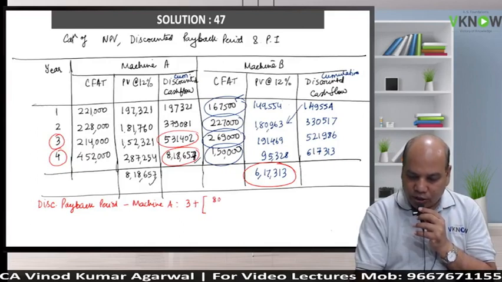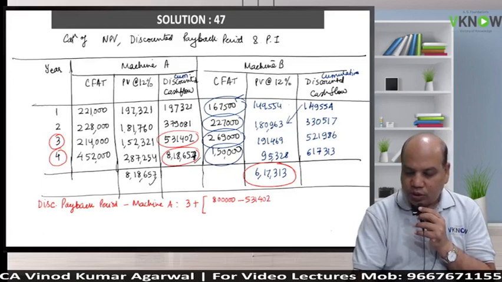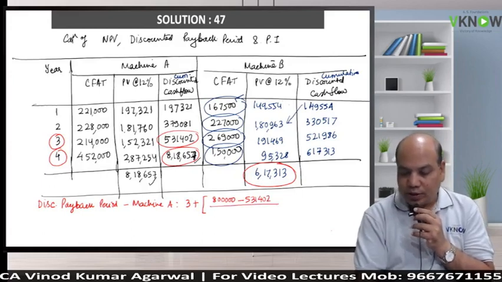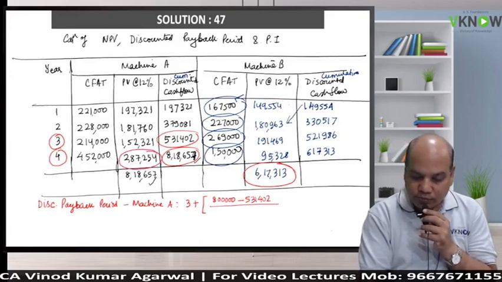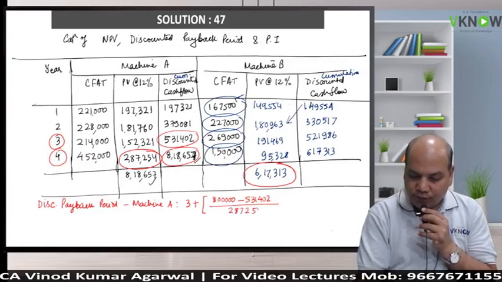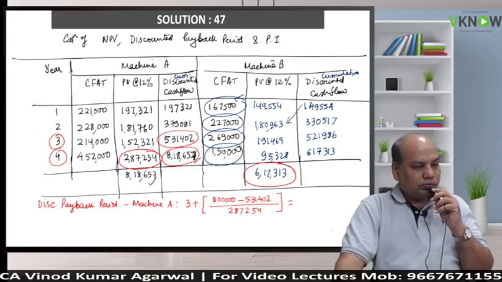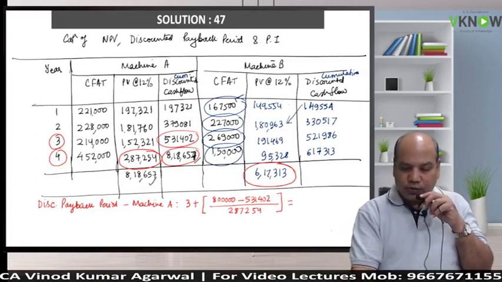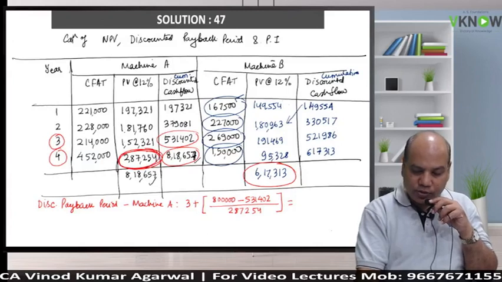So I will take 3 plus, in the bracket, 8 lakh minus 531402, which I have recovered, divided by this number, 287254. Come on students. This figure which I am circling right now.